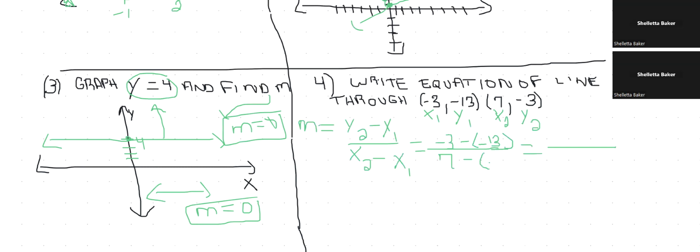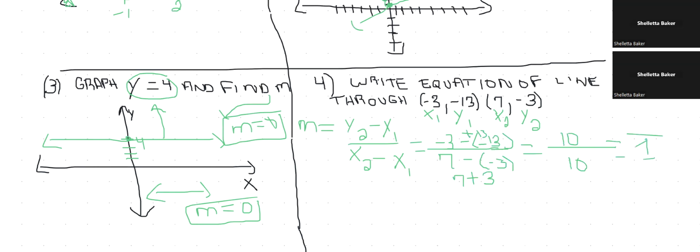All right, and remember, when you have 2 negatives, you're going to add. So in our denominator, this becomes 7 plus 3, or 10. And in the numerator, negative 3 minus negative 13, that'll be plus 13. Negative 3 plus 13 would be positive 10. And 10 over 10 would make our slope 1.